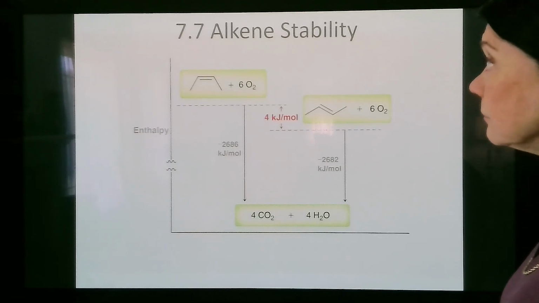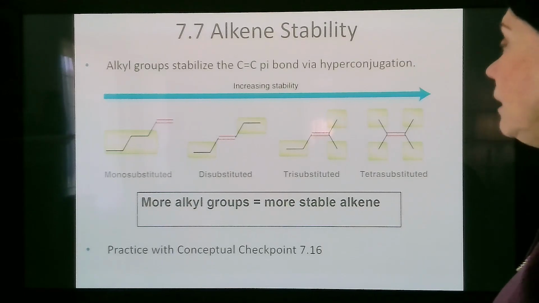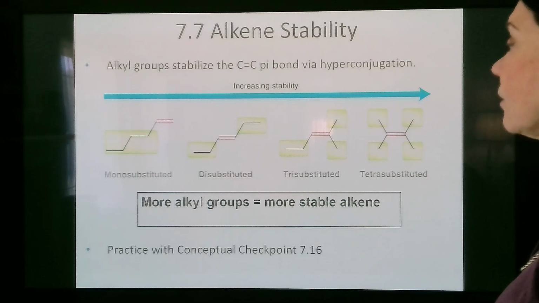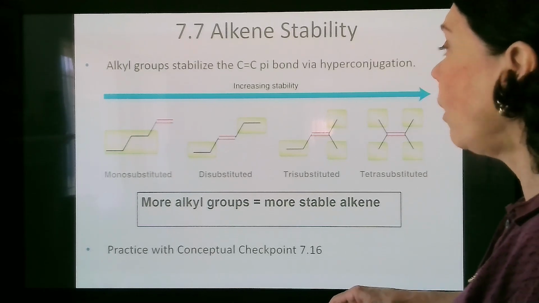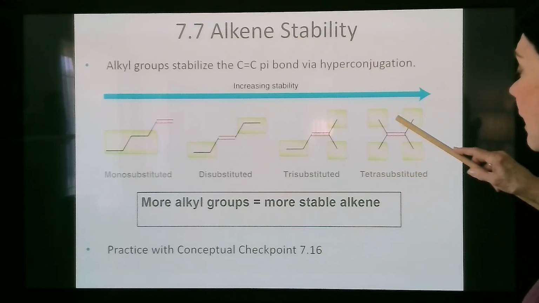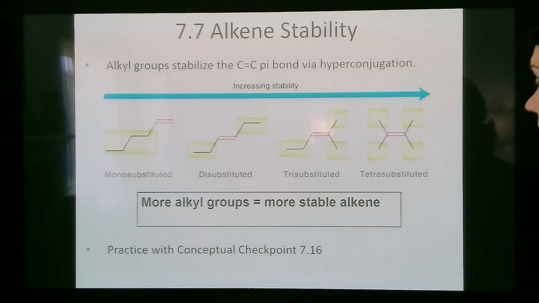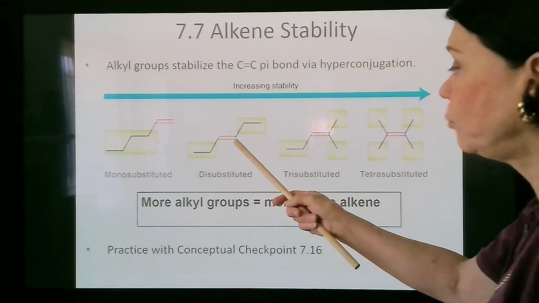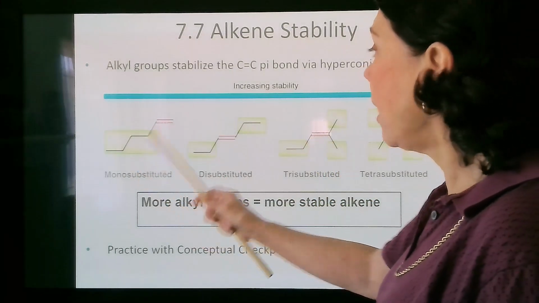Similarly, the stabilities of these compounds have been determined. So, what you will find is that the greater the substitution on the double bond, the more stable the alkene is. So tetrasubstituted is more stable than trisubstituted, and that's more stable than disubstituted, and that's more stable than monosubstituted.